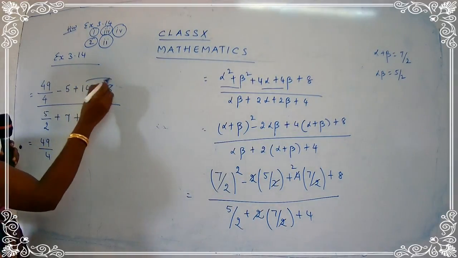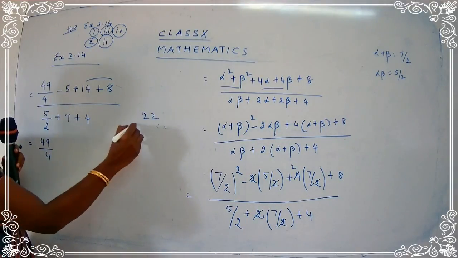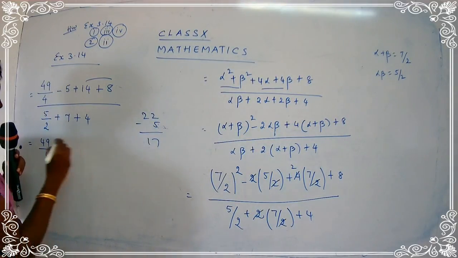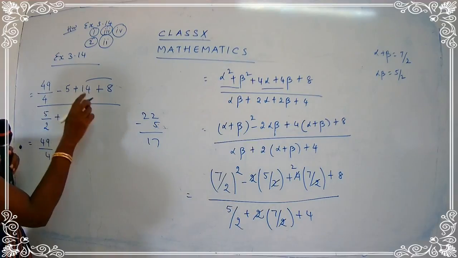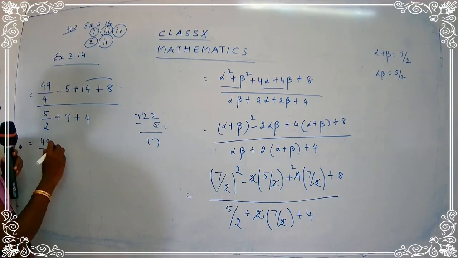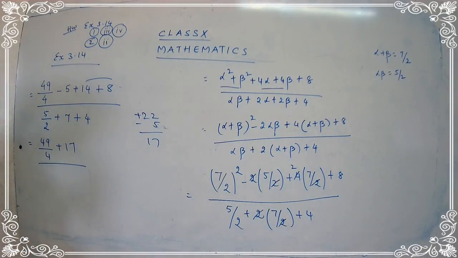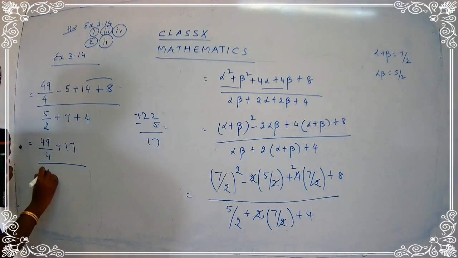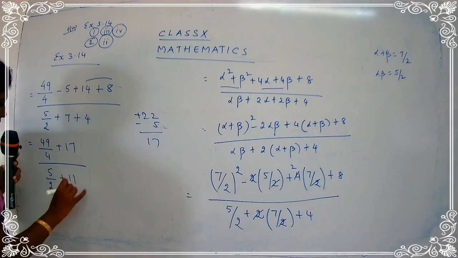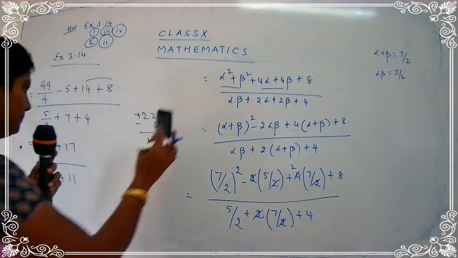What is 14 plus 8? 22. 22 minus 5? 17. The sign will be a plus sign because this is plus 22 and minus 5. So the answer will be plus 17 upon 7 plus 4, it's 11. 5 upon 2 plus 11. Clear? Okay, let's proceed for the next step.